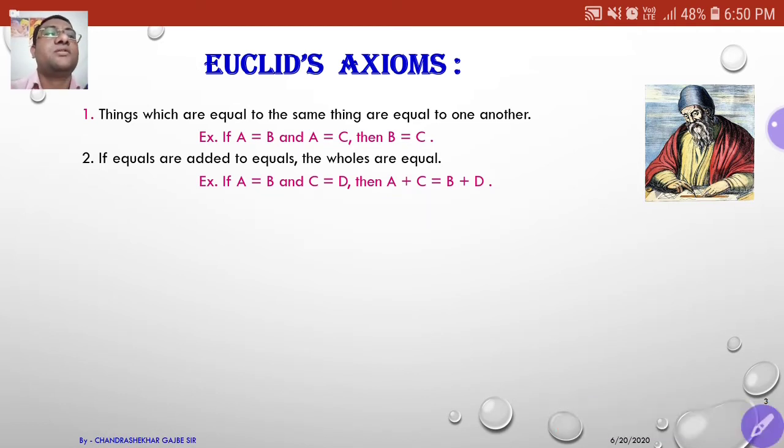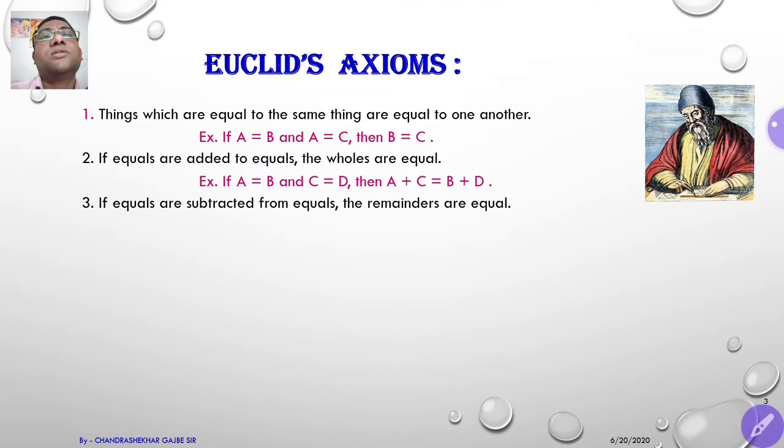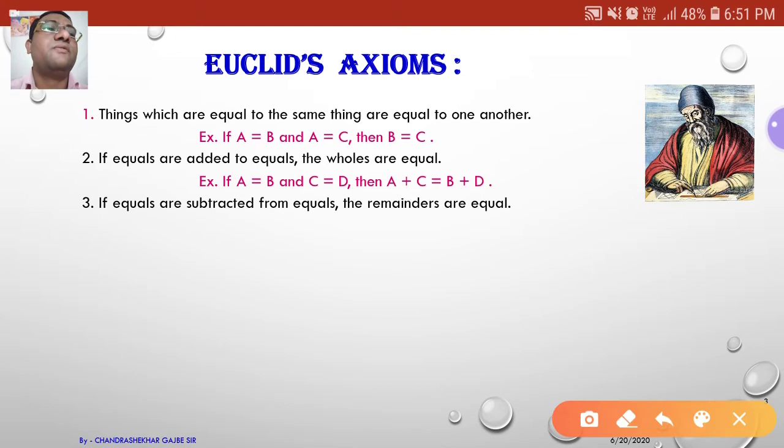Next we are taking axiom number 3. If equals are subtracted from equals, the remainders are equal. That is similar to the second. When we subtract equal things from equals, then we get equal results. So for example, we can check here.